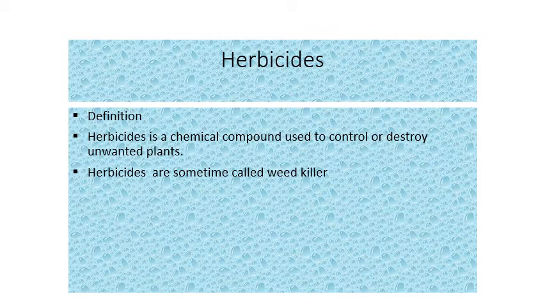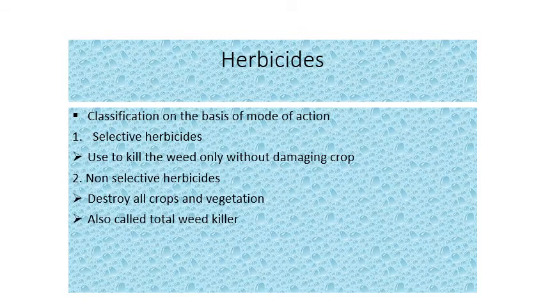A herbicide is a chemical compound used to control or destroy unwanted plants. And herbicides are also called weed killers. Herbicides are classified in two ways.